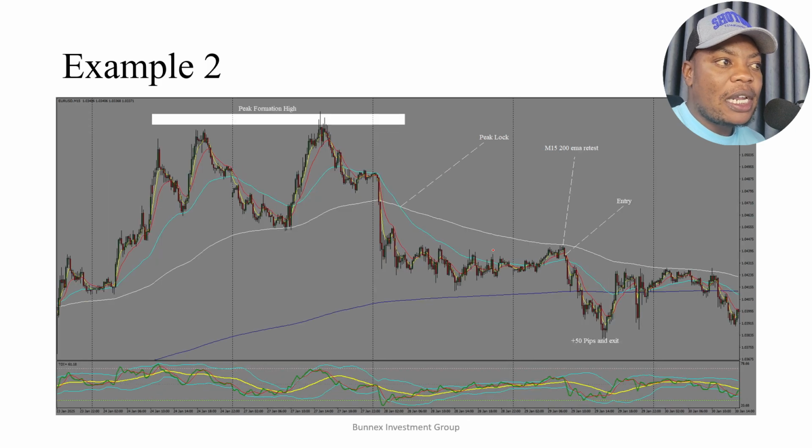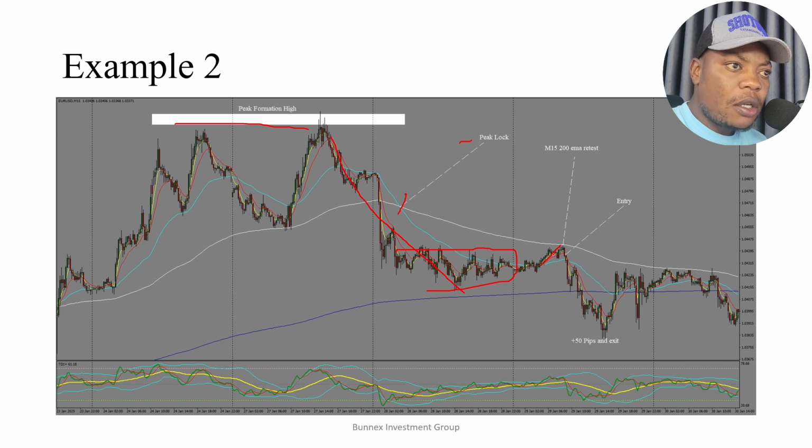That was example one. Example two, you can see EUR/USD. We had this peak formation high, and after that we had this peak lock at this 200 EMA cross, and then the market went to the downside. From this point, we can see there was this consolidation. It shows that market makers are booking their entries, and we can see the market went back to the M15 200 EMA.